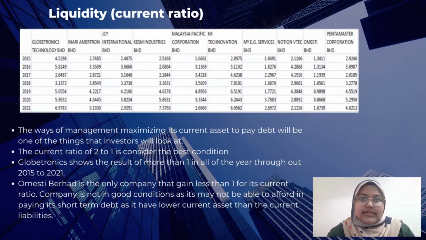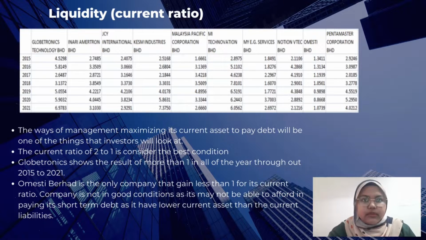Maximizing its current assets to pay debt is one of the things investors will look at. The formula of the current ratio is current assets divided by current liabilities. A current ratio of 2:1 is considered the best condition for a company.